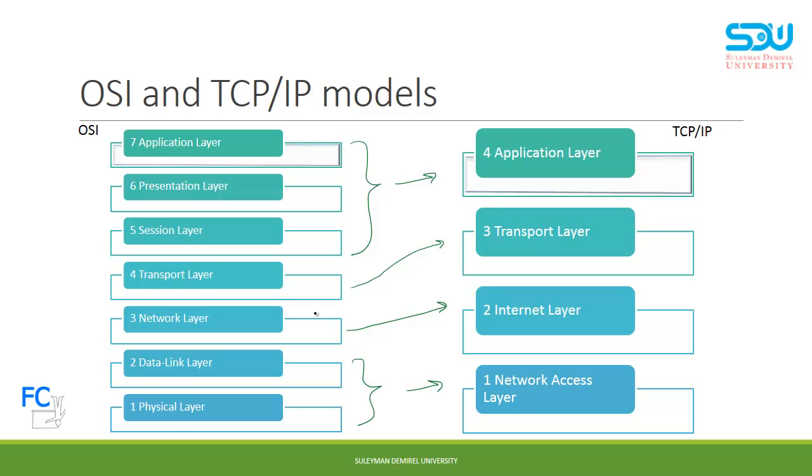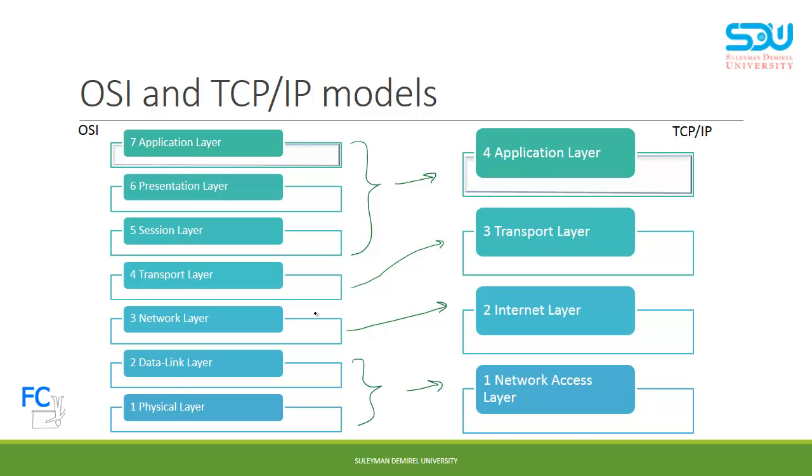If we take a look at the description of these models, we may find out that the OSI model consists of 7 layers, and the TCP/IP model consists of 4 layers.